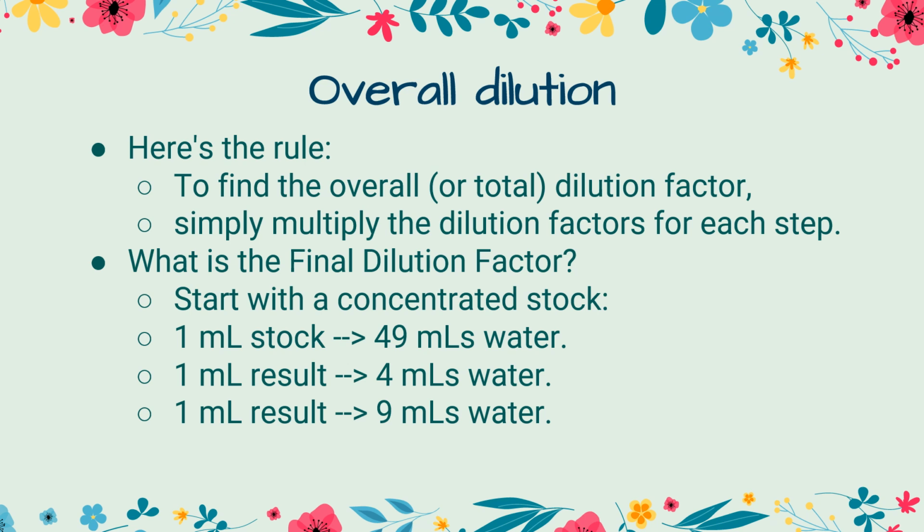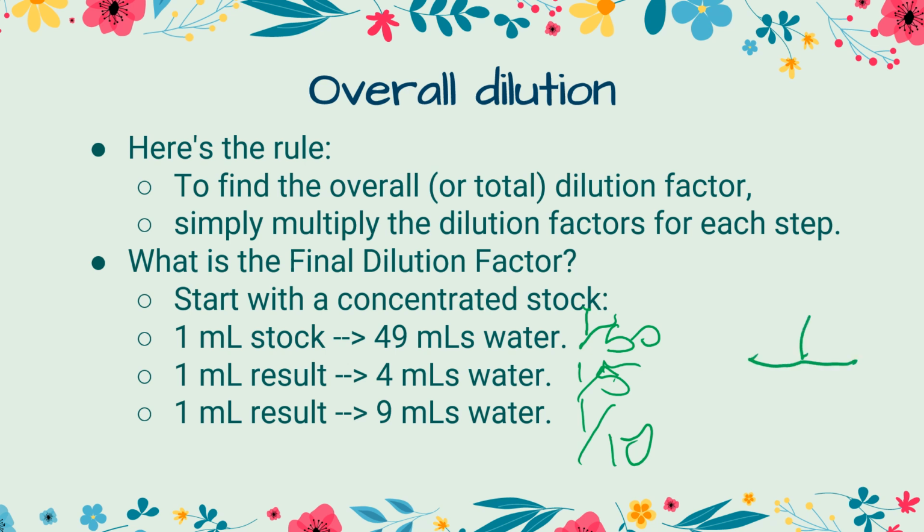So what we would do to start breaking down this process is writing dilution factors for each one of these. 1 over 50, 1 over 5, and 1 over 10. And then what we would do is start multiplying these together. So 1 times 1 is 1, and 1 times 1 again is 1.